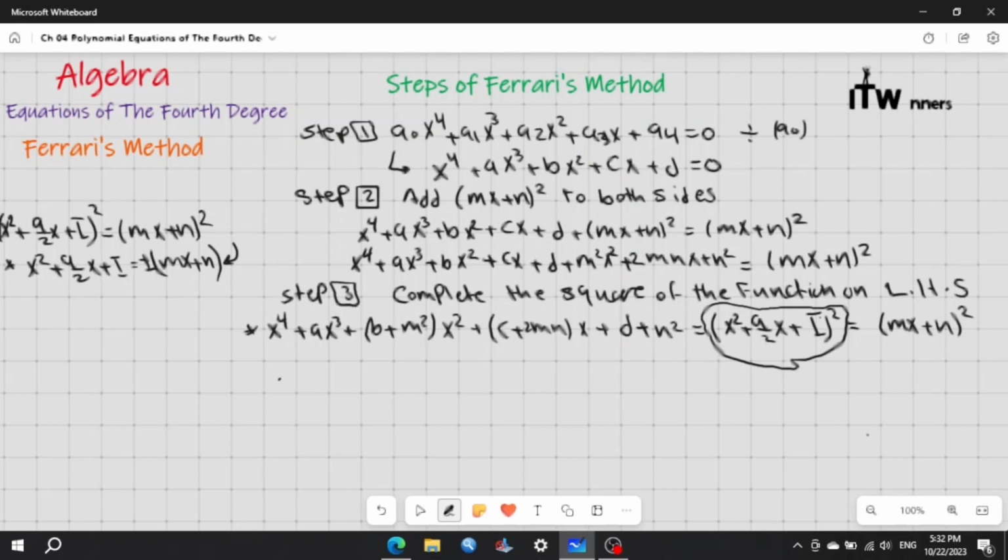Okay, and here step 4 is just to compare the coefficients of x power n on both sides.